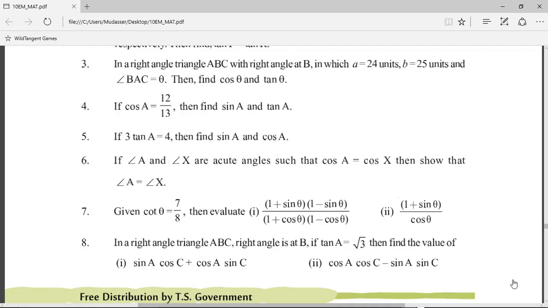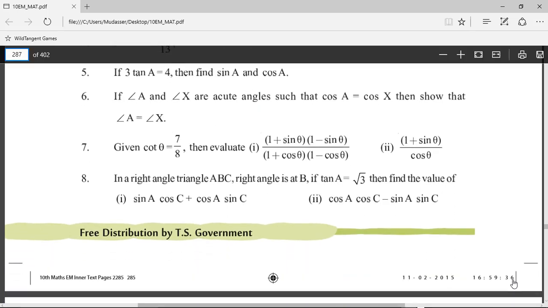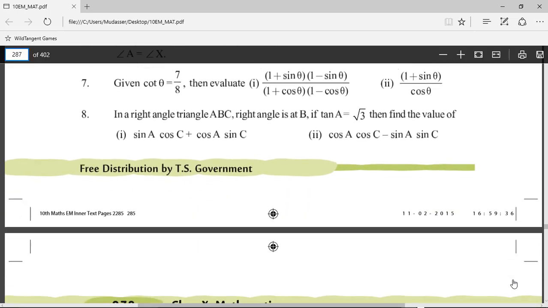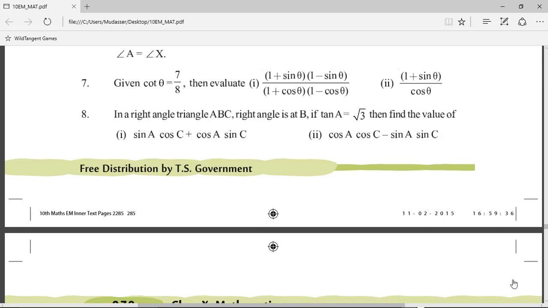Now let us work on question number 7. Question number 7 says that cot theta is 7 by 8. Then evaluate 1 plus sine theta into 1 minus sine theta by 1 plus cos theta into 1 minus cos theta.